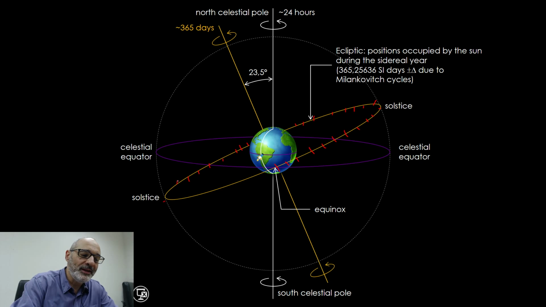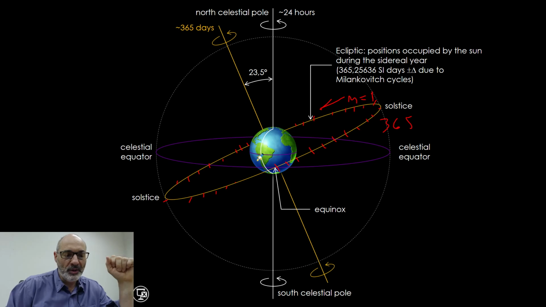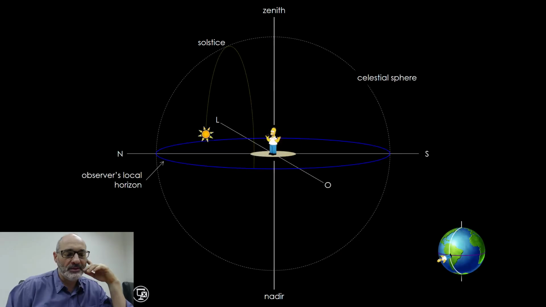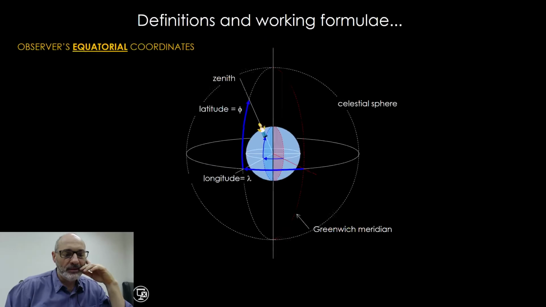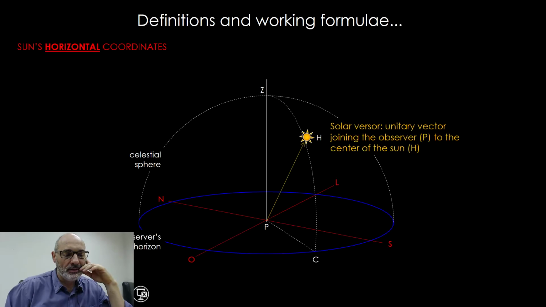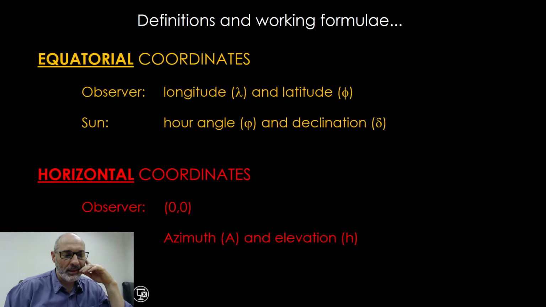That's the only observation I wanted. n equals 1 is roughly here for us, and then it goes to 365 on the other side here. So that's what the Julian day represents. Let me go back to my slide.